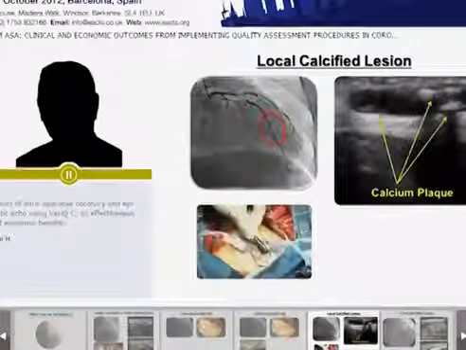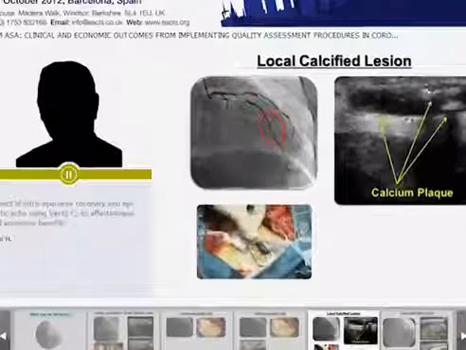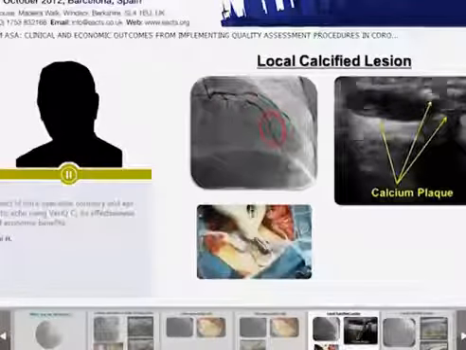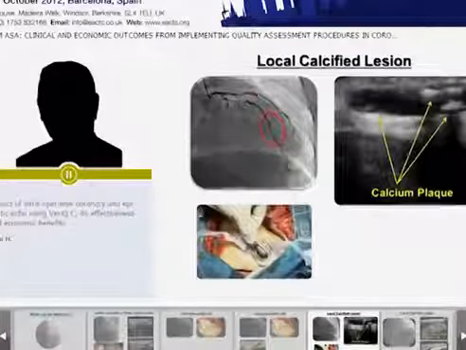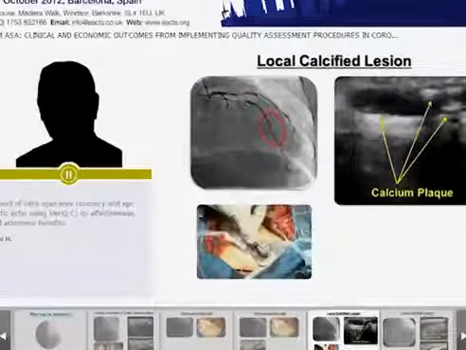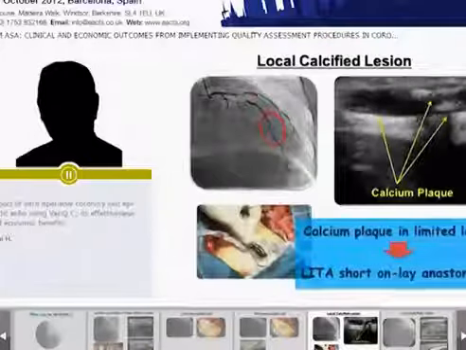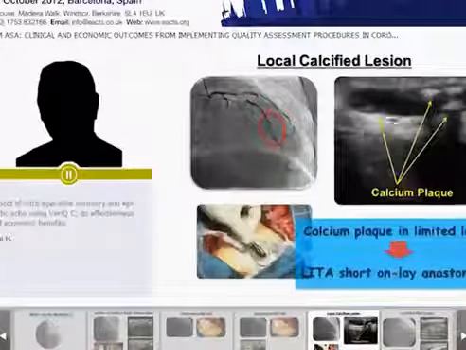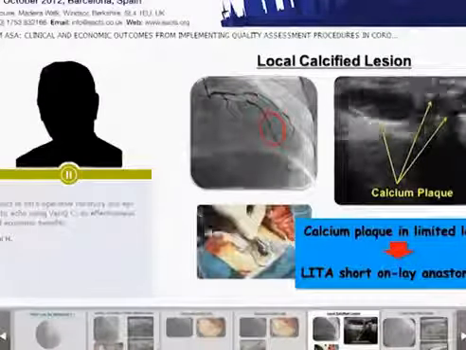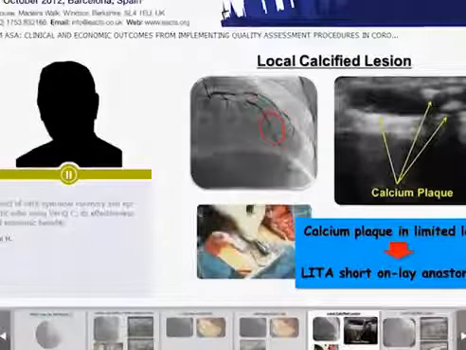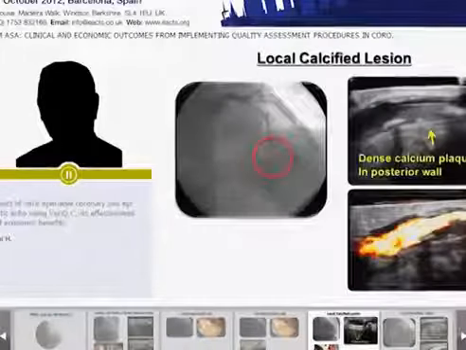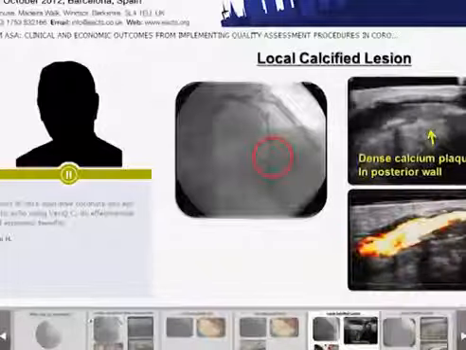If there is a local calcification in the mid portion of the LAD, sometimes I wonder whether I should skip the anastomosis or make a small onlay patch anastomosis. In these cases, I checked the configuration of the coronary artery, and there was a calcium plaque in a limited region, and I made an anastomosis using a LITA short onlay anastomosis.